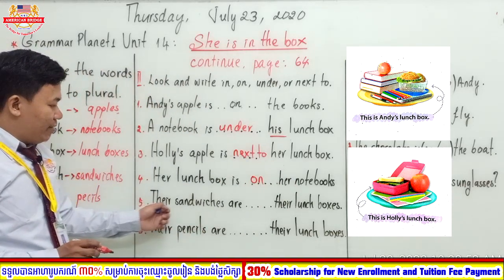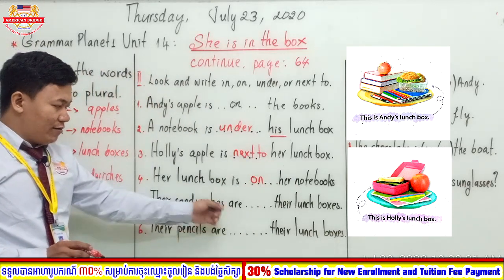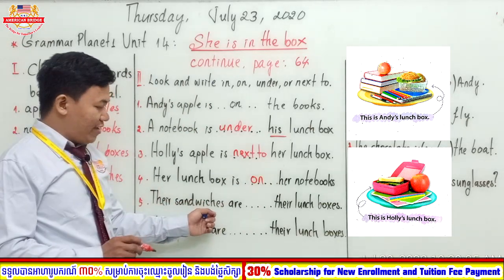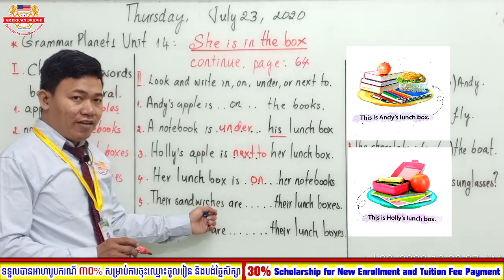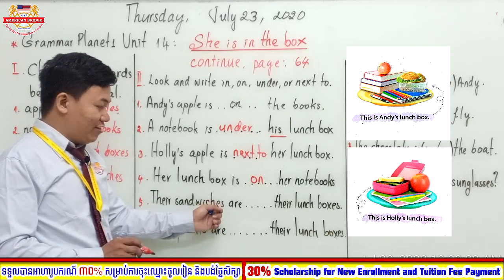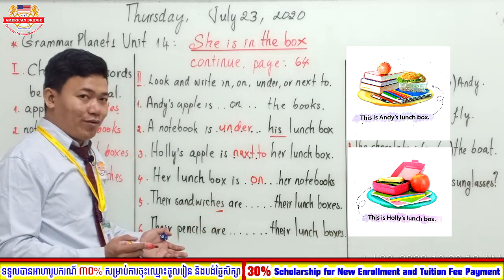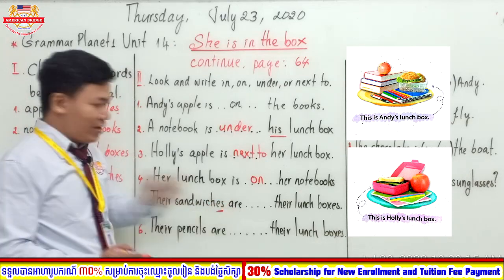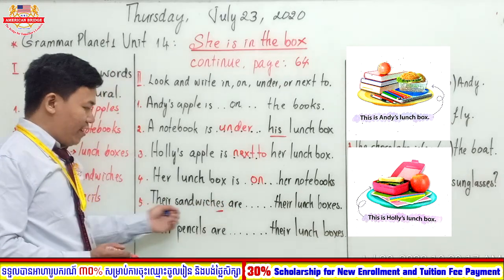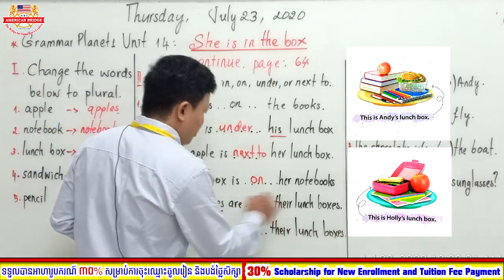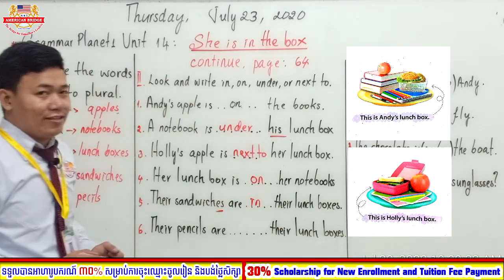Number 5. Their sandwiches are. Why do we put are, everyone? Because sandwiches is plural, right? It adds es to refer to plural, so we need to use are, right? Okay, again, their sandwiches are in their lunch boxes.